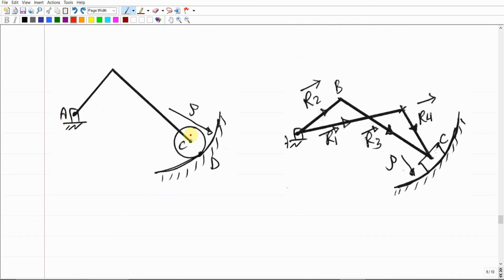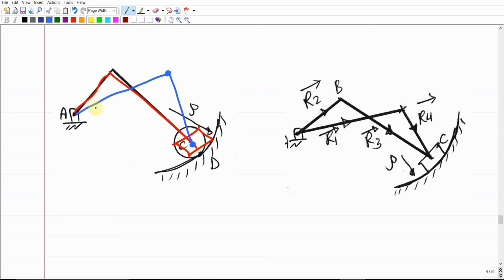Replace the roller with a slider that slides over this curve, and you're gonna end up with these different loops. So we're gonna have R2, R3, then there should be an R for this slider, but the slider moves over a curved surface. So we said that to define R for the slider, we should connect the center of rotation of the curve, the center of curvature, to the slider itself.